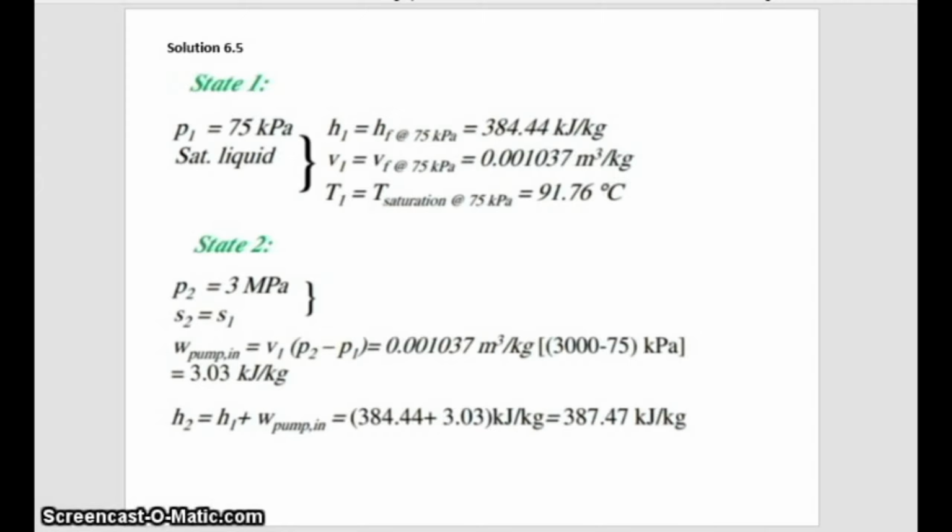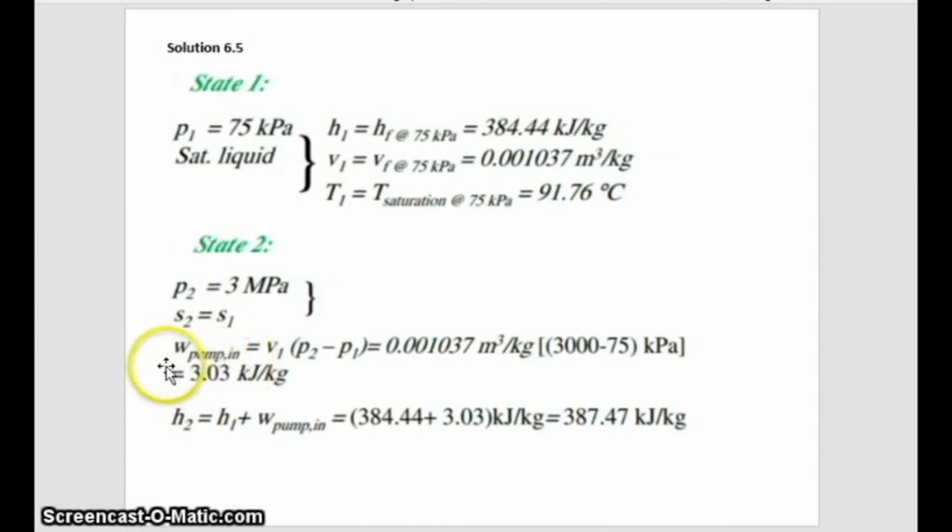So we go to state number 2. State number 2 is at 3 megapascal, given, and you also know that s2 is equal to s1.